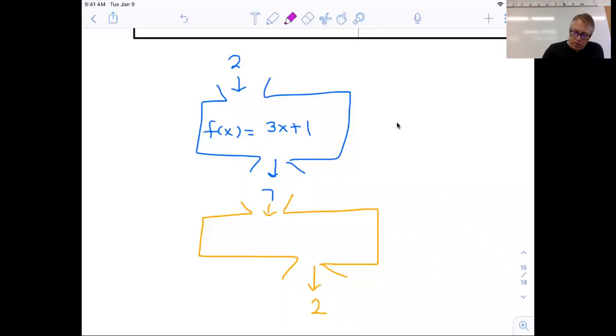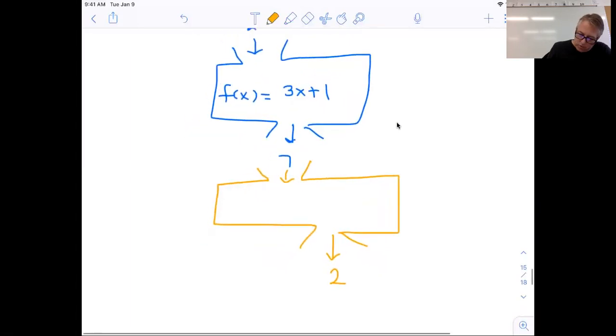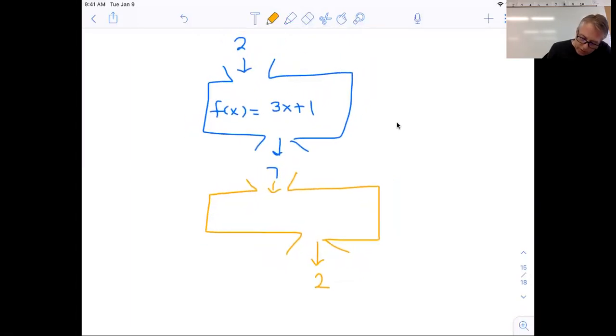Well, if we think about what happened in this function, we multiplied by 3 and added 1. So if we had in this function, if we took the number and subtracted 1 and then divided by 3, so if we did 7 minus 1, which is 6, divided by 3, that would get us back to 2.